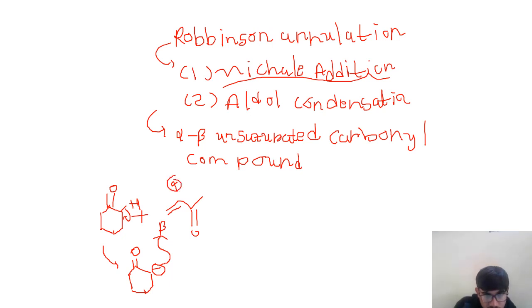Here you can see that this carbanion has already attacked on this beta position of the alpha beta unsaturated carbonyl compound. So this double bond electron will be donated to this hydrogen. Okay, and you can see that an intermediate like this will be created.